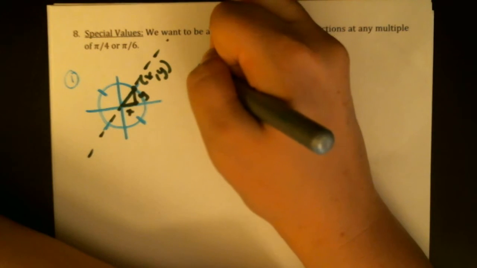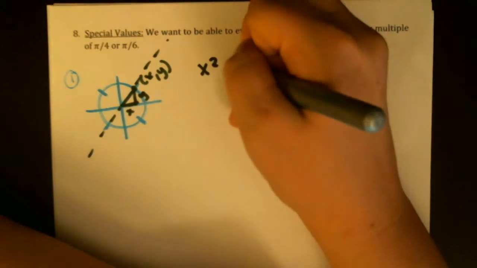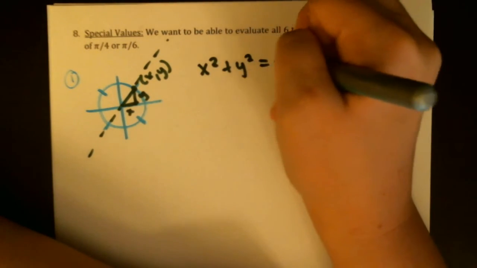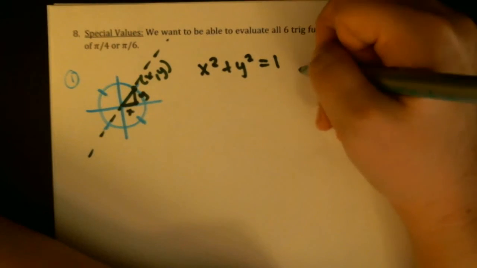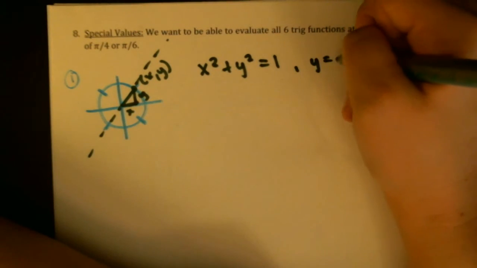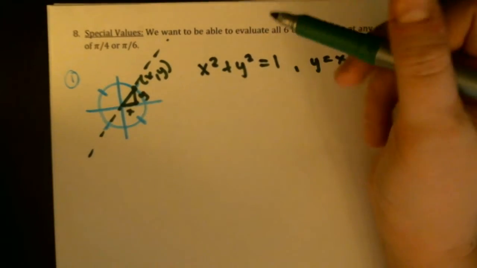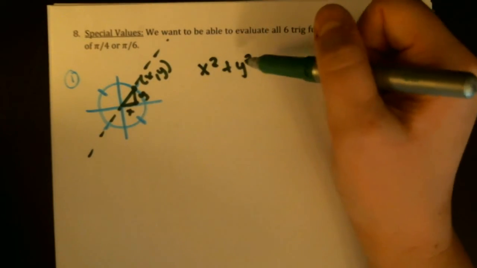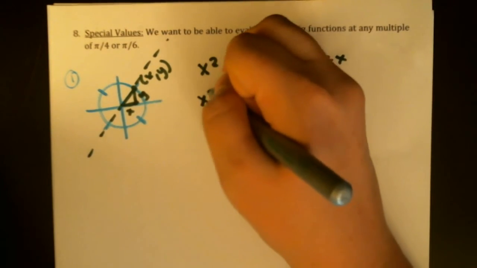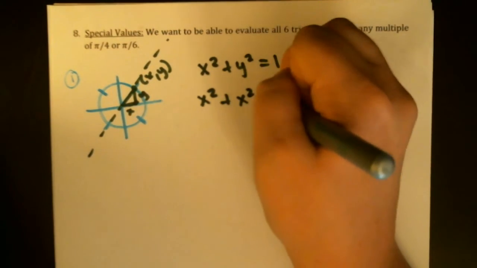So if we go to our Pythagorean theorem, we know that x squared plus y squared always has to be 1 on the unit circle, and we also know that y and x are exactly the same, so we can do a substitution. Either replace x with y or y with x. Doesn't matter which. I'll go ahead and replace y with x.